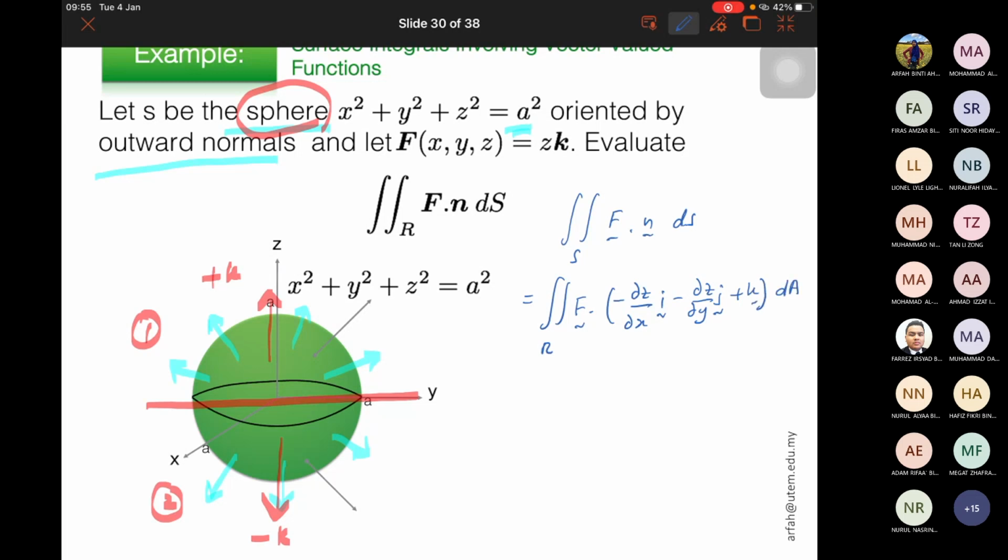Okay. And then ini untuk yang bahagian 1. Okay. Plus bahagian yang kedua akan sama dengan integration over the bounded region R, vector F didarab dengan delta z over delta x i plus delta z over delta y j minus k dA. Okay. So this is the first and this is the second. We will make use of these two formulas. Kita bahagikan dia kepada belah atas and also the belah bawah.